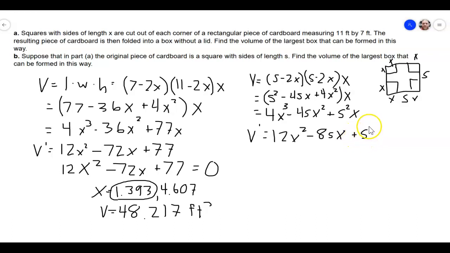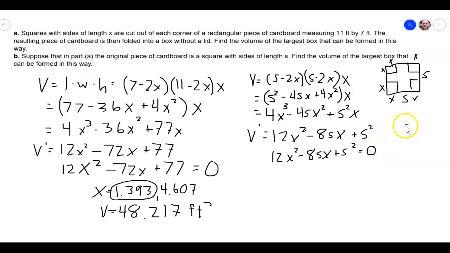All right, so now we have this thing, and we're going to want to set this equal to 0, just like we did before. So 12x squared minus 8sx plus s squared is equal to 0.